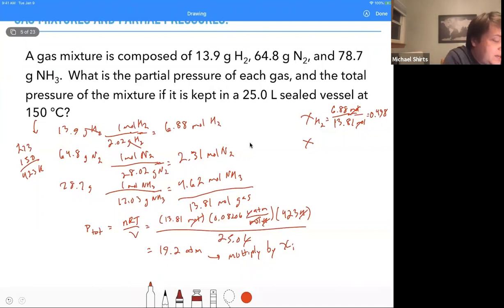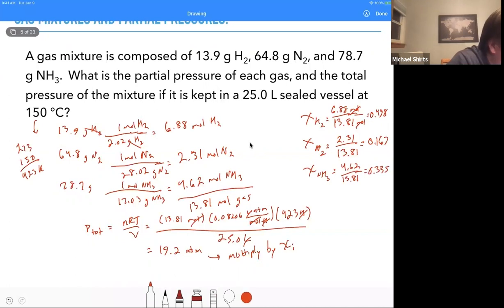So mole fraction of N2 is 2.31 divided by 13.81 equals 0.167. And the mole fraction of ammonia is 4.62 divided by 13.81 equals 0.335. And if you check this, if you add them up to significant digits, it'll be equal to 1.